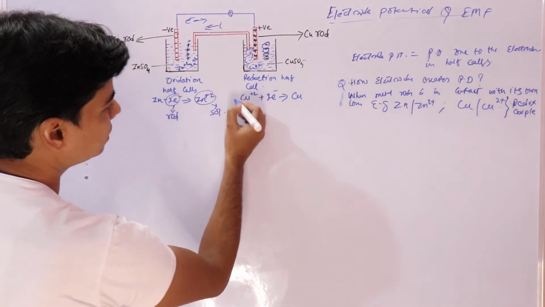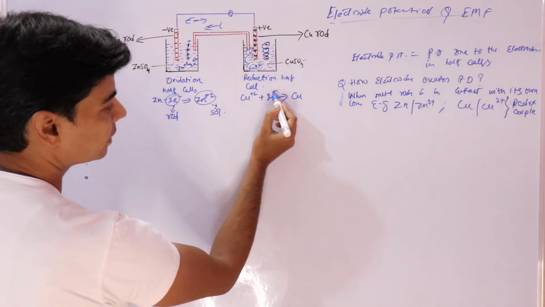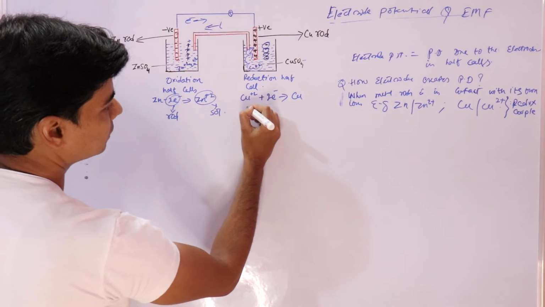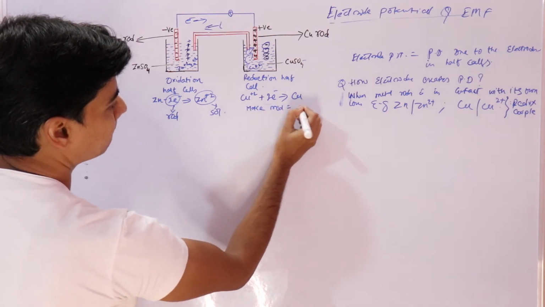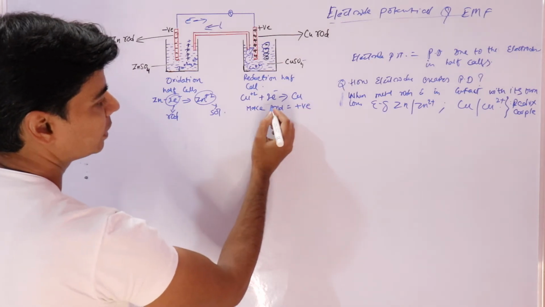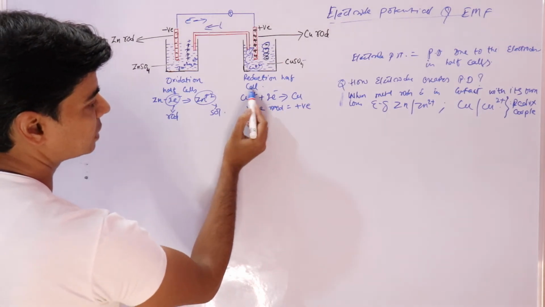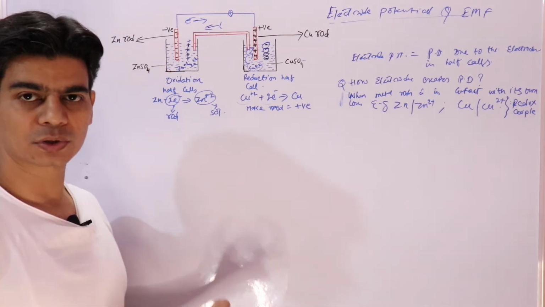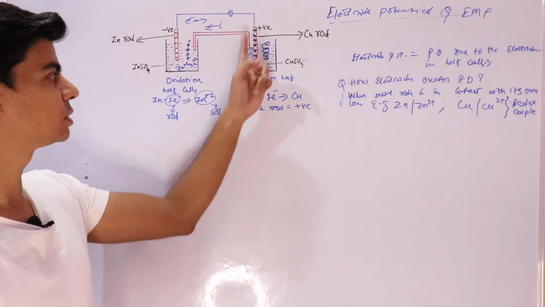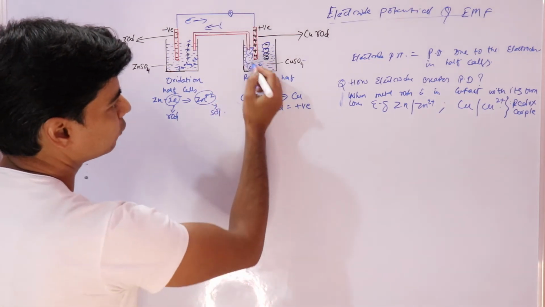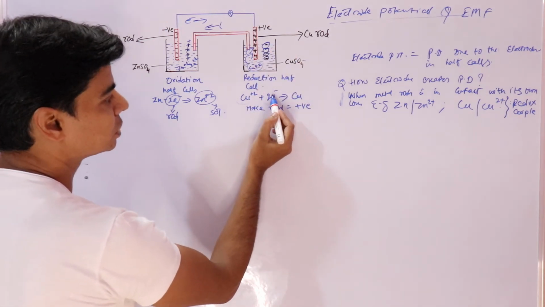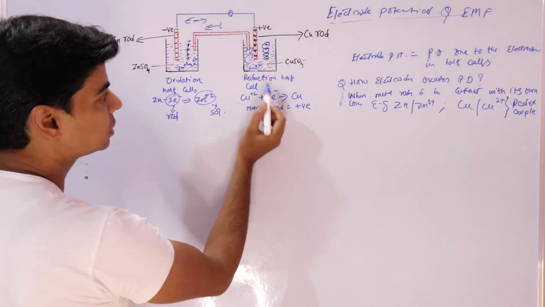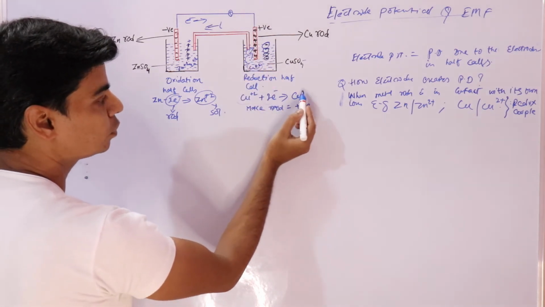When these ions take electrons from this rod, this reaction will make the rod positive because of deficiency of electrons. Because these ions will keep taking electrons, due to deficiency of electrons, this rod will become positive. And what about the solution? Since copper ions are getting reduced when they take electrons from the rod, they are reducing to copper metal.